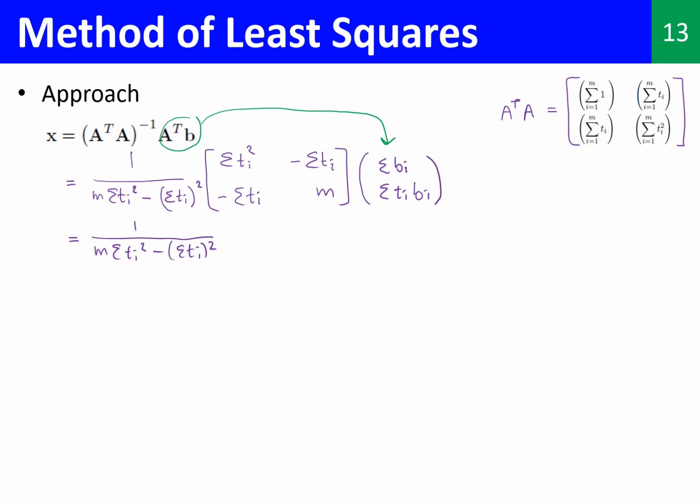and I'll multiply these two matrices to obtain sigma ti squared times sigma bi minus sigma ti times sigma ti bi, and in the second row we have m times sigma ti bi minus sigma ti times sigma bi.